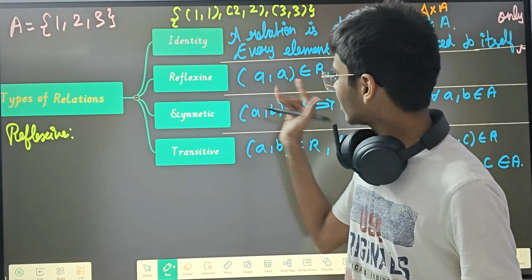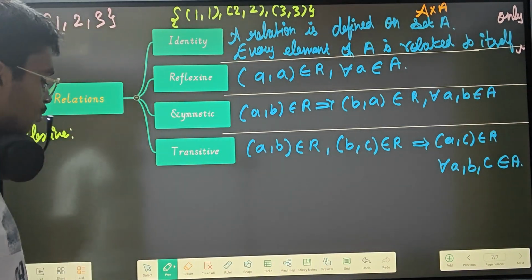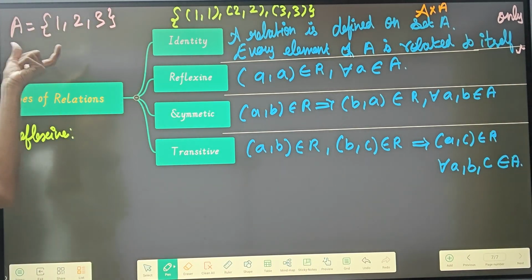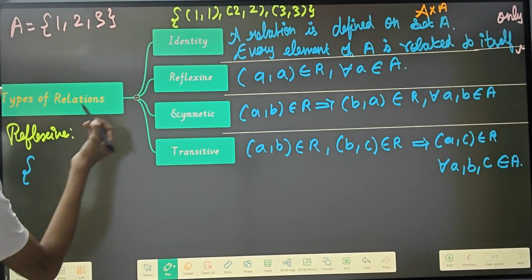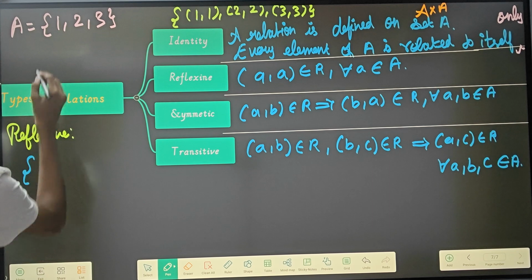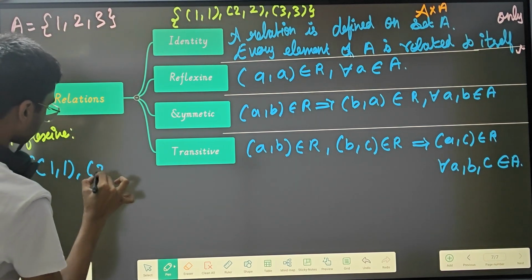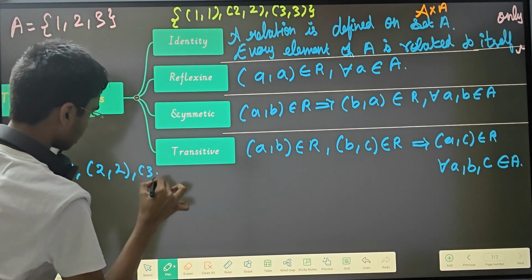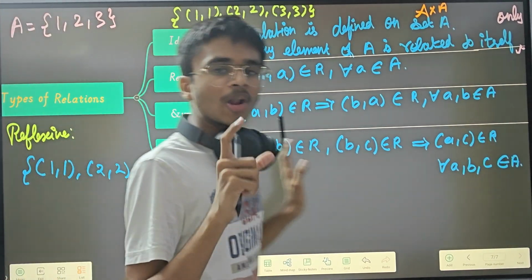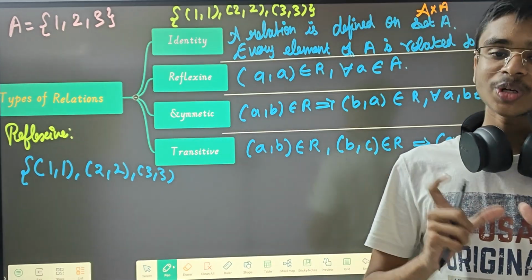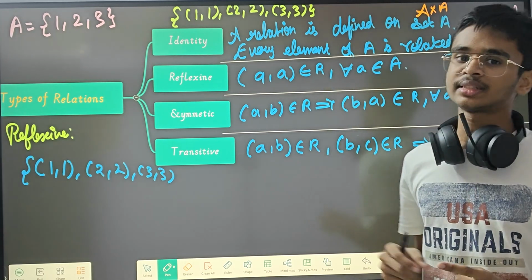Like that, for the set A, the reflexive relation can be written by first writing the identity, (1,1), (2,2), (3,3). Along with that, other ordered pairs can also be there. This is what makes reflexive more special than the identity relation.